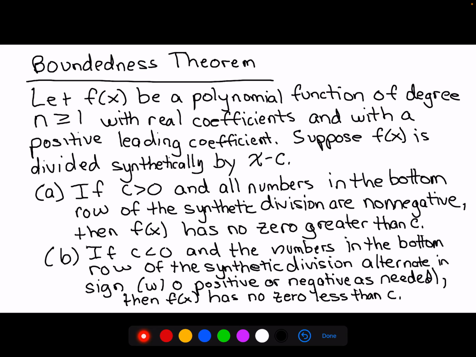So it helps create boundaries for, okay, we don't know where our zeros are, but we can figure out there's no zeros bigger than this and no zeros less than this. So it happens a lot. Like if you take calculus and on further, you're going to find that that's used a lot with narrowing down your boundaries and trying to say, well, in between these two values, we know it's going on in here.